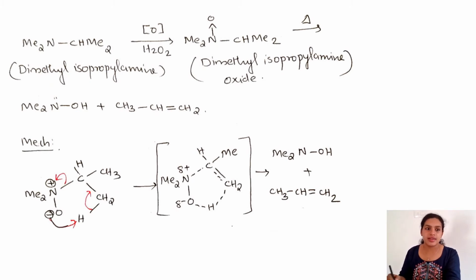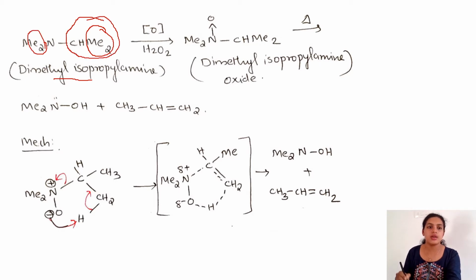I have given another example, dimethyl isopropylamine. This is a specific example I have taken. It's a tertiary amine in which the substituents are two methyl groups and one isopropyl group, and on oxidation it converts to its corresponding oxide, dimethyl isopropylamine oxide.